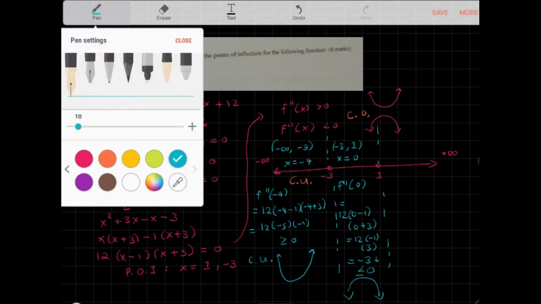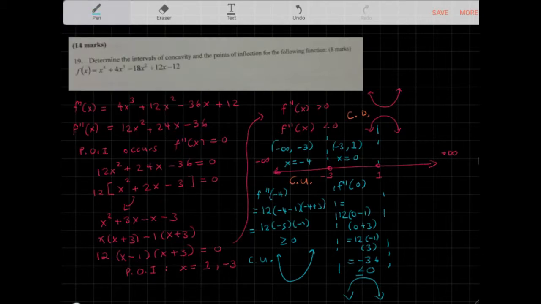And for the last interval, between 1 and positive infinity, let's say I test x is equal to 2. So f double prime of 2 is equal to 12 times (2 minus 1) times (2 plus 3), and you basically get 60.